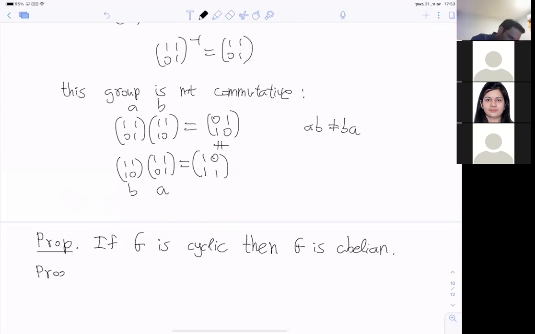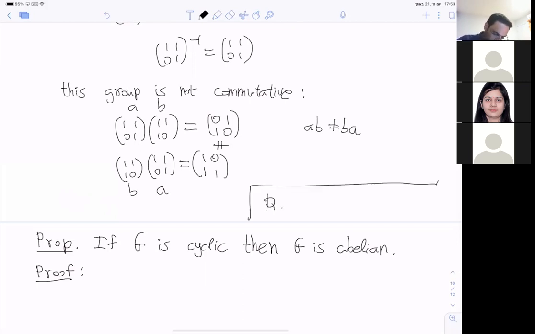This is not an if and only if statement. It's only one way. The other way around is not true: if G is abelian, it's not necessarily cyclic. We have seen an example.